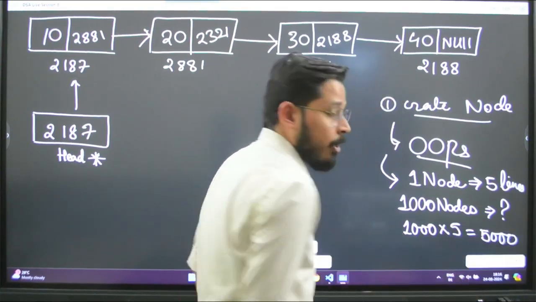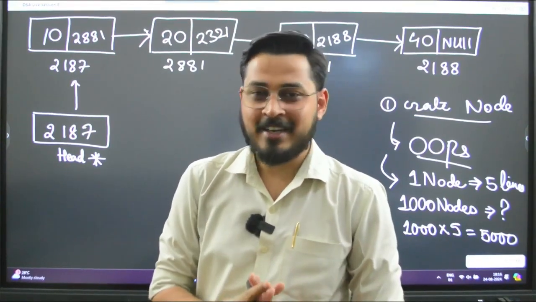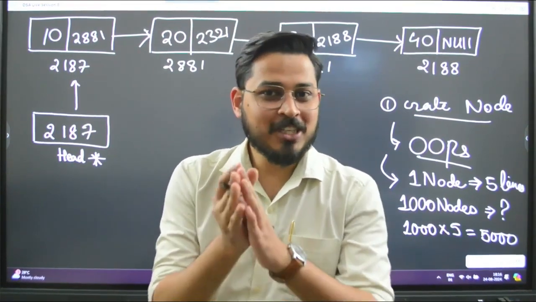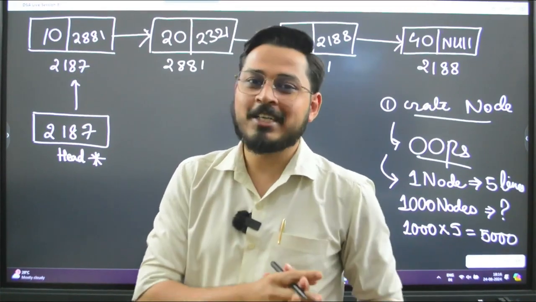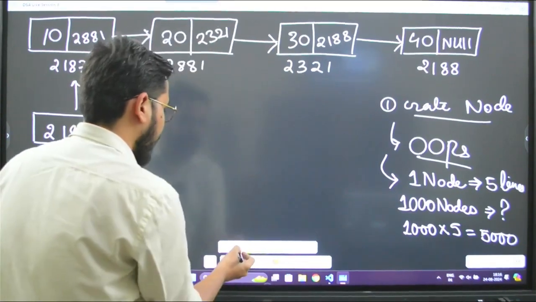But the problem is that you cannot write 5000 lines of code, correct? So what will you do? We will work smart here, and we will be using classes.